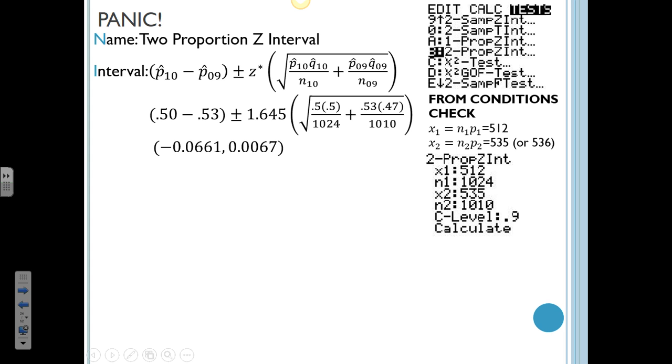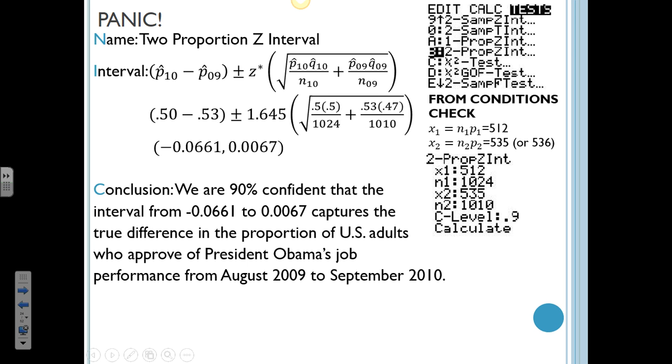We are 90% confident that the interval from negative 0.0661 to 0.0067 captures the true difference in the proportion. This is going to be the next big nitpicky difference: the true difference in the proportion.